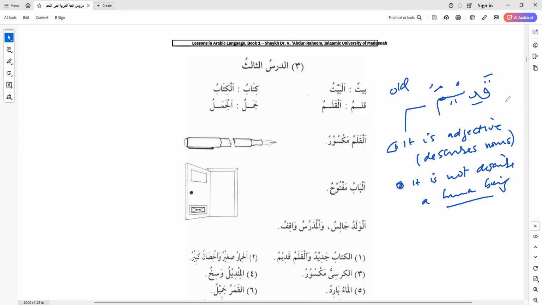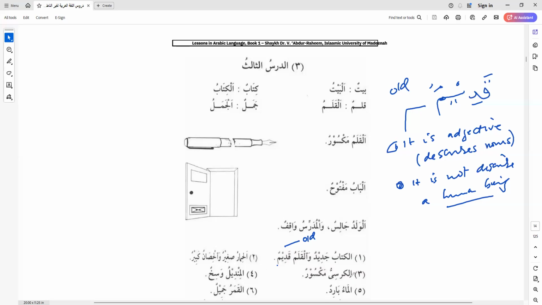We say a car is old, a pen is old, a house is qadim, a book is qadim, a car is qadim, a masjid is qadim, a tree is qadim. But you don't say James is qadim because James is a human being. Later on, we're going to learn the right adjective to describe a person when they are old, but never use the word qadim for a human being. So when I say wal qalamu qadimun means the pen is old.